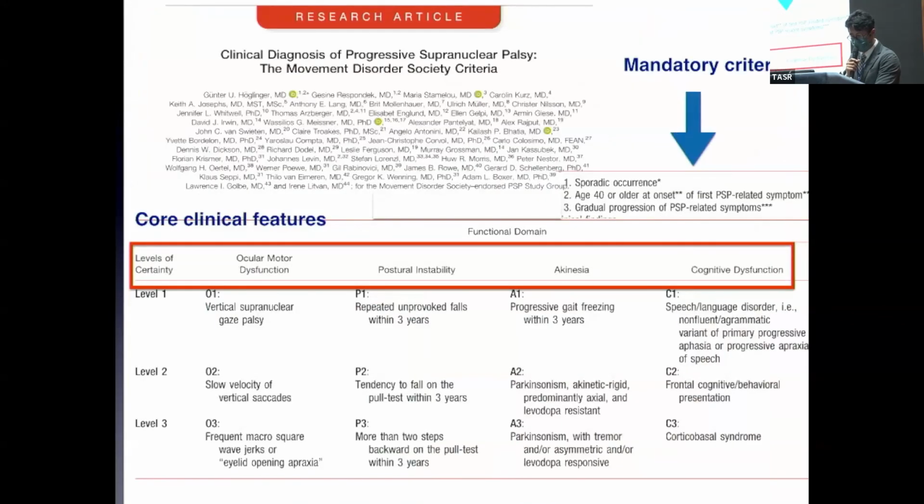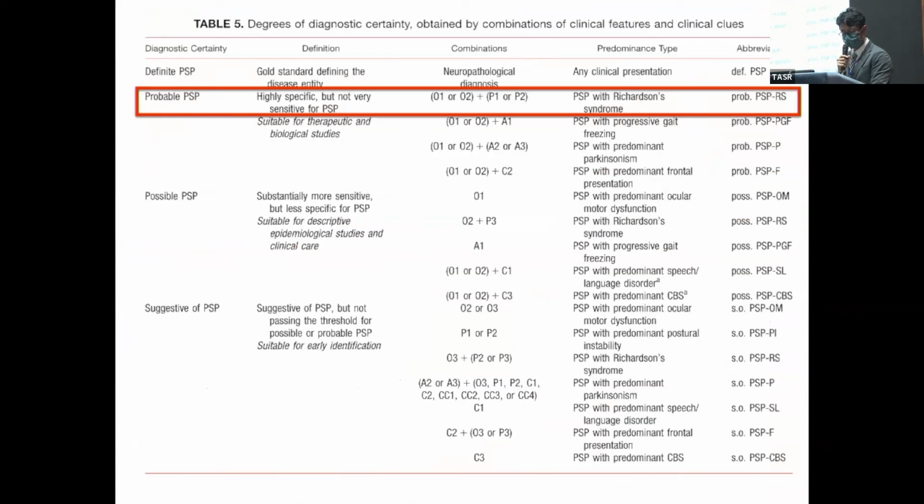You have mandatory criteria: sporadic occurrence, age 40 or older at onset of the first PSP-related symptom, and gradual progression of PSP-related symptoms. The core clinical features include ocular motor dysfunction, postural instability, akinesia, and cognitive dysfunction. If you have O1 or O2 and P1 or P2, you get the Richardson syndrome subtype of PSP.